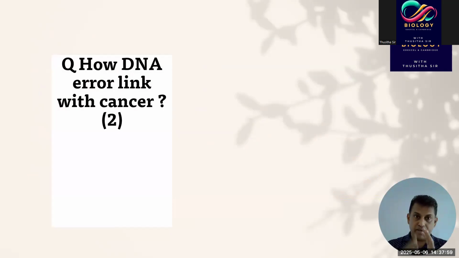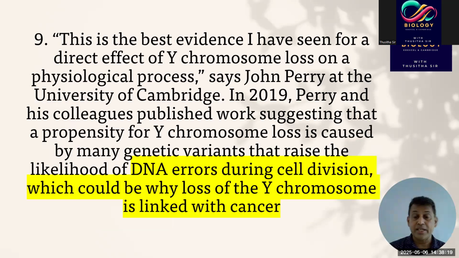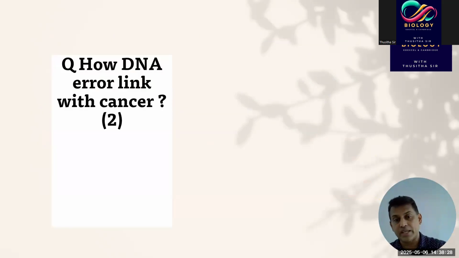When a mutation happens in the genes responsible for the cell cycle, cells try to divide in an uncontrolled fashion, and many cells form because many genes which regulate the cell cycle are mutated. Then this is linked with cancer. So loss of the Y chromosome is again linked with cancer.